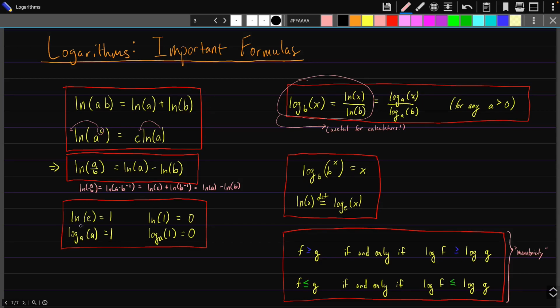Okay, moving along, some basic identities. First is that the natural logarithm of e is equal to 1, and in general, the logarithm to base a of the same number a for any a is equal to 1 as well. Also, the logarithms of 1 have a special value, it's 0, so the natural log of 1 is 0, the logarithm to base a of 1 is 0.